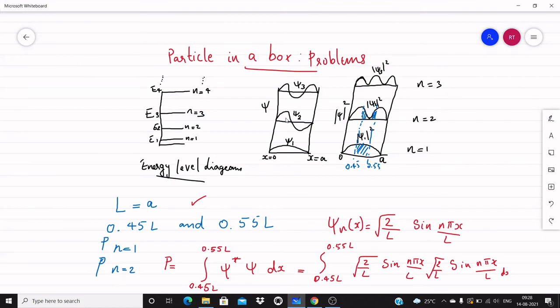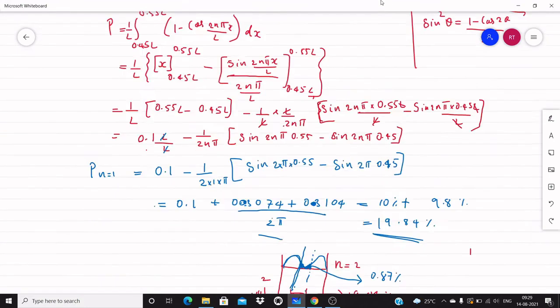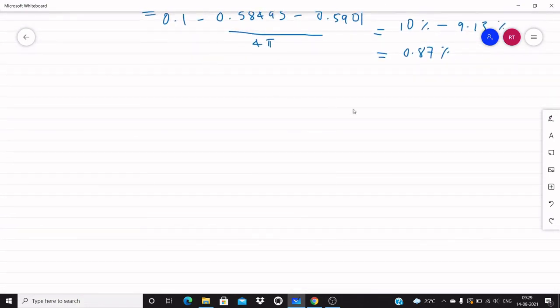Okay, so this is a plot of a wave function, this is a plot of the probability. So we are actually finding the numerical value of this area, for n equal to 1 and n equal to 2. Now let us go for another problem.